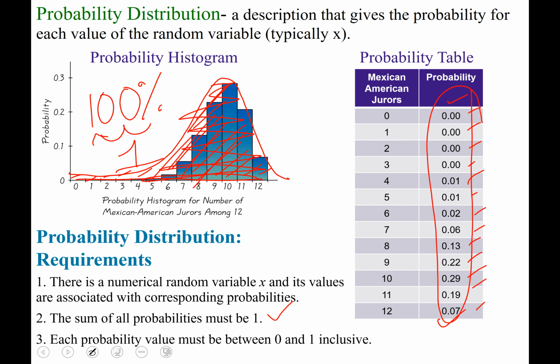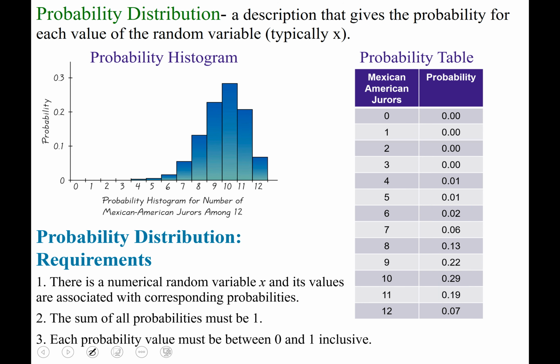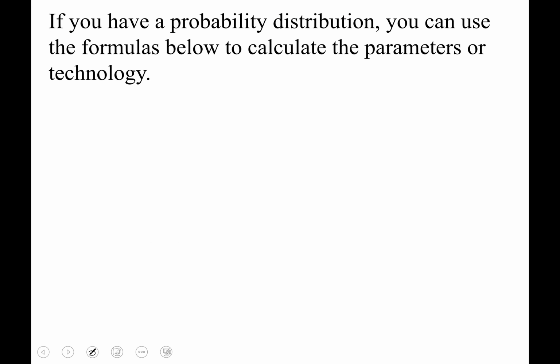Third and final requirement is that each probability value must be between 0 and 1 inclusive. And we already knew that because that's the definition of probabilities, or part of the definition. All probabilities are between 0 and 1 inclusive. Probability of any simple event A.